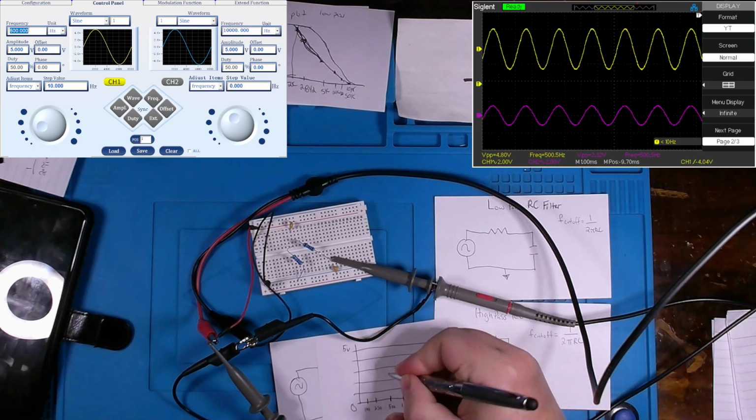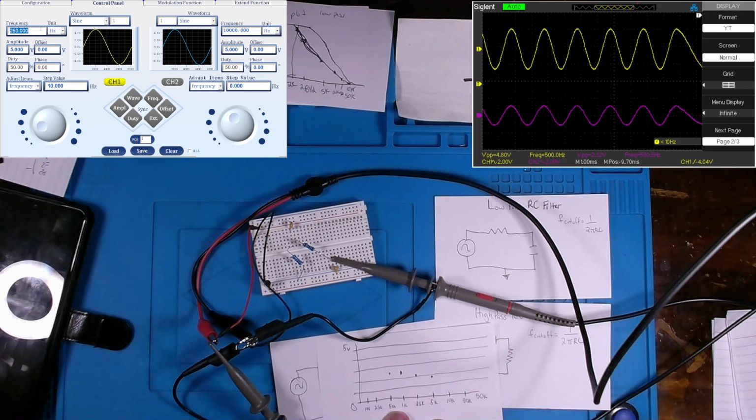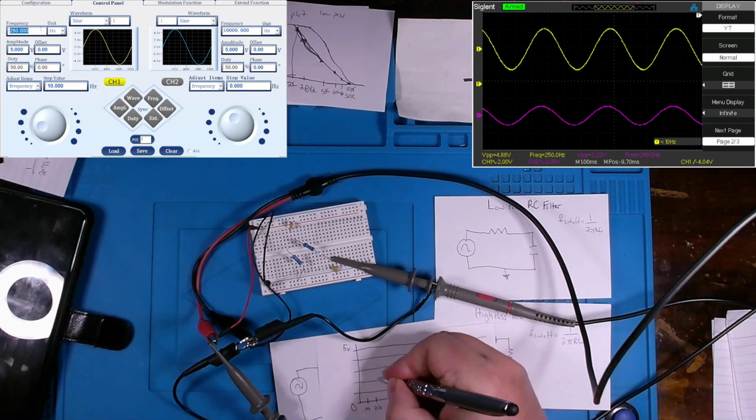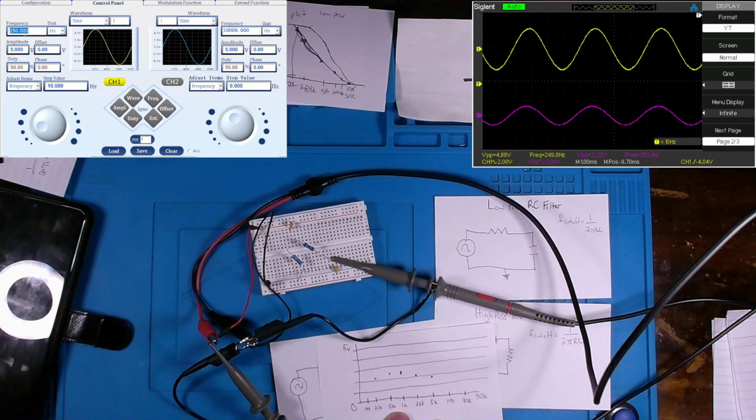I'll put that right here. Let's go to 250 hertz. And we're back down to about 2.2. Let's go down to 100 hertz.